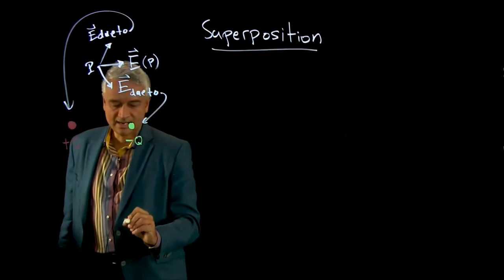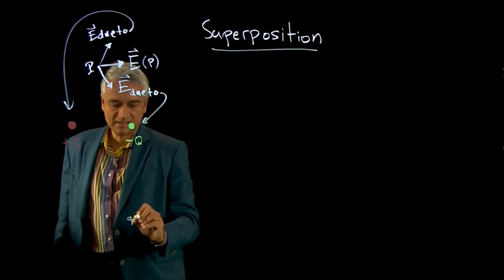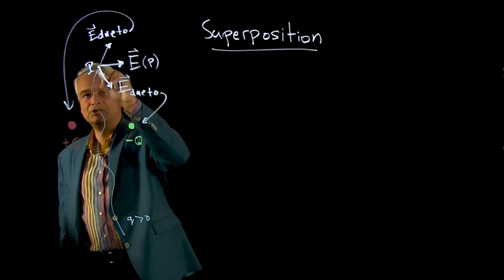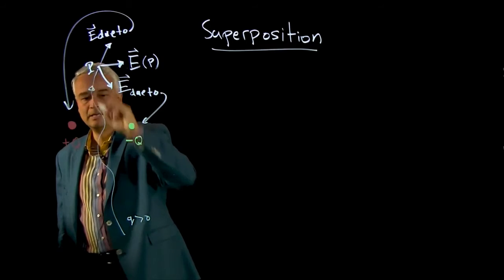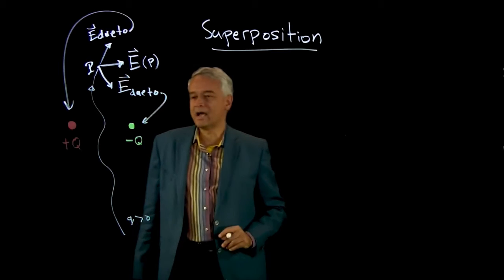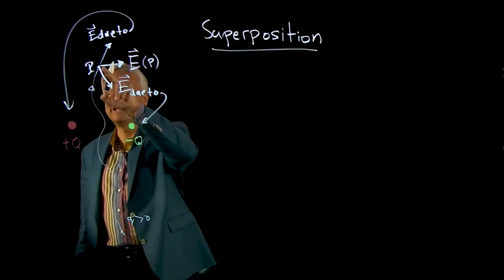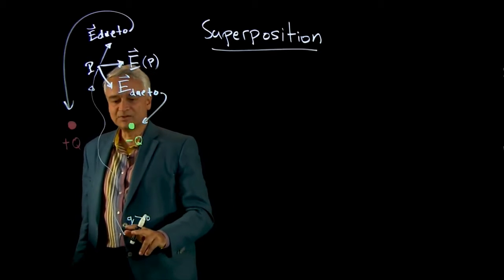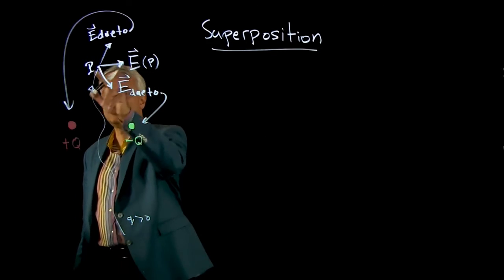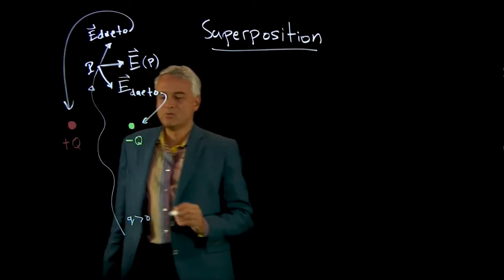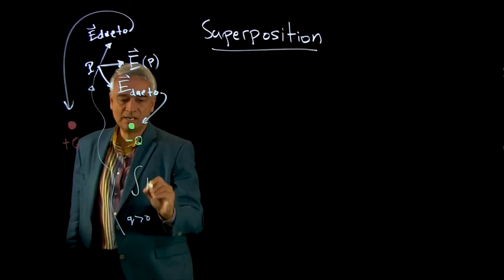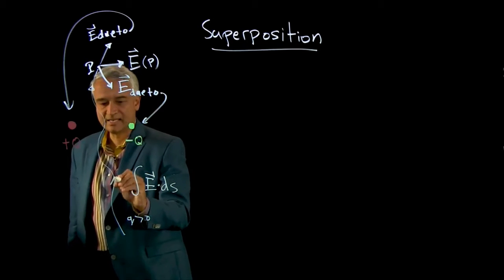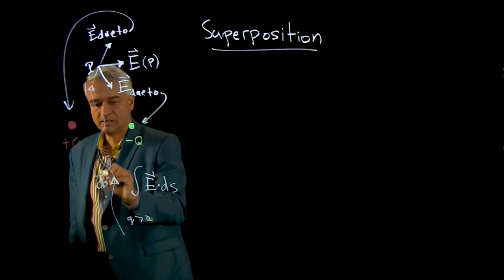And let's say that I brought some test charge in from infinity along some path to this point P. And when I want to compute the potential energy associated with adding this little test charge q to the configuration that I've drawn, what do I have to do? Well, I have to do an integral of the electric field dot ds, where ds walks me along this path.